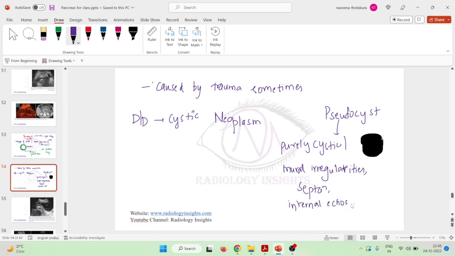The internal echoes may be because of debris. This debris is because of necrosis and hemorrhage in the cyst, which might present with some irregularities, septations, and internal echoes. So differentiating a cystic neoplasm from a pseudocyst is very important.